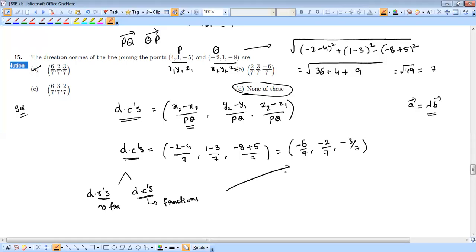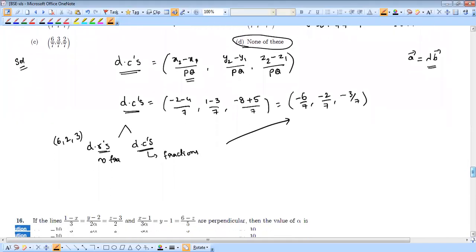The numerators, 6 to 3, if you take only 6 to 3, that is called direction ratios. So the direction ratios will be 6, 2, 3. Direction cosines will be 6 by 7, 2 by 7, 3 by 7. I hope you got the point about the difference between direction cosines and direction ratios.